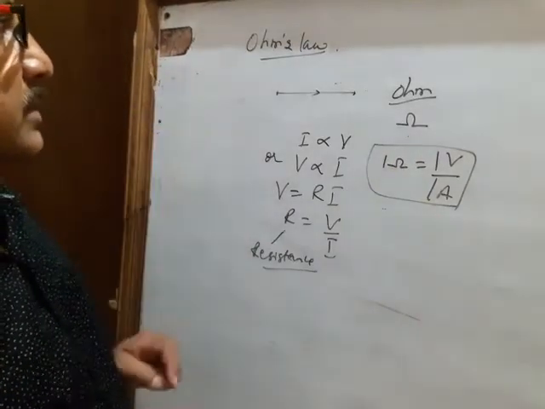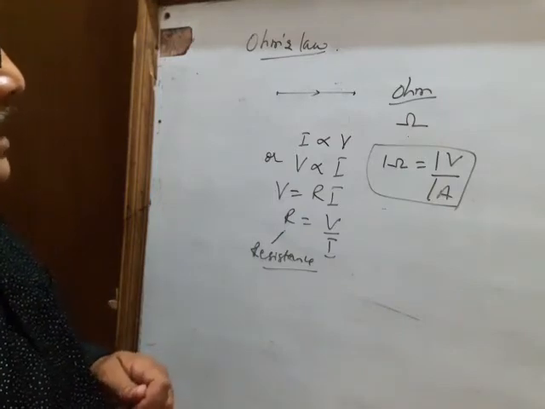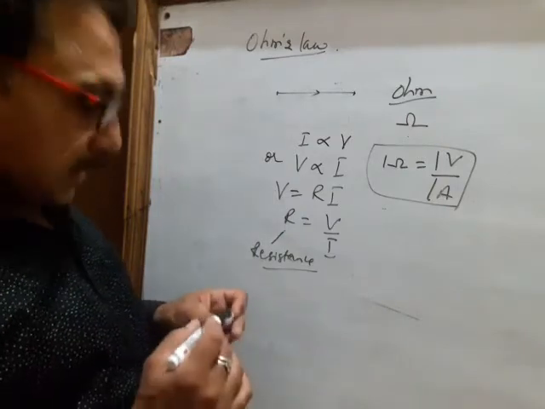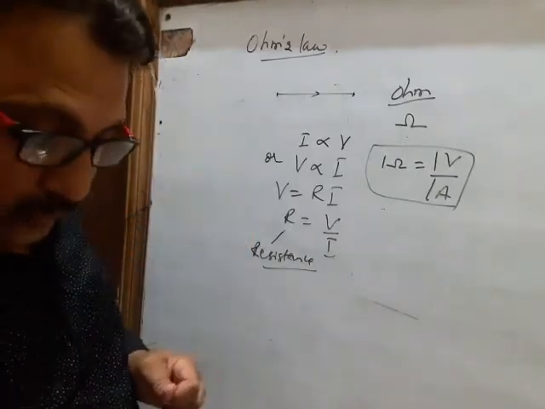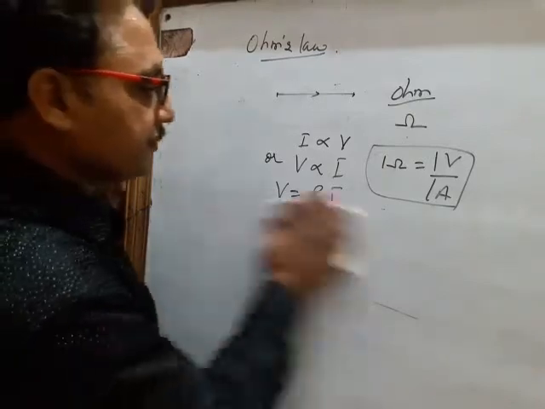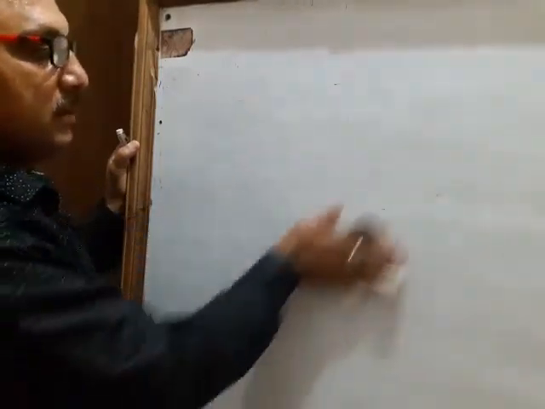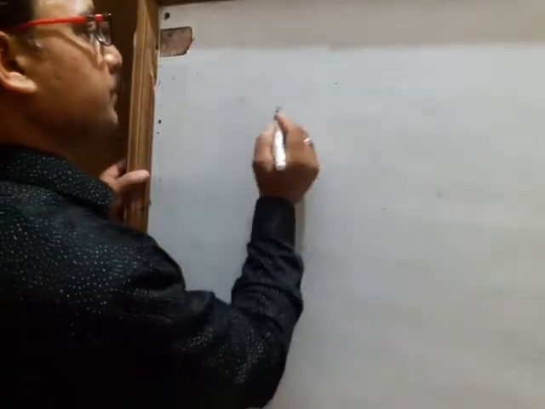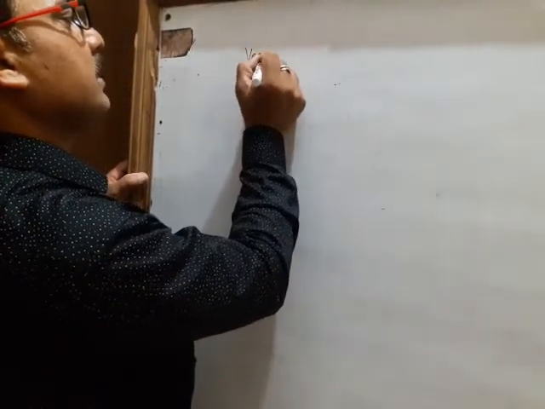Now this is a very important topic, Ohm's law, and you can have an experimental verification of Ohm's law in the lab. So let us see the circuit of Ohm's law. How will you connect a circuit in order to demonstrate Ohm's law?